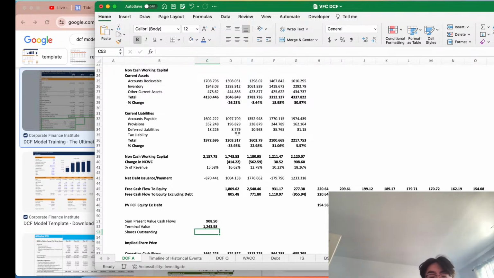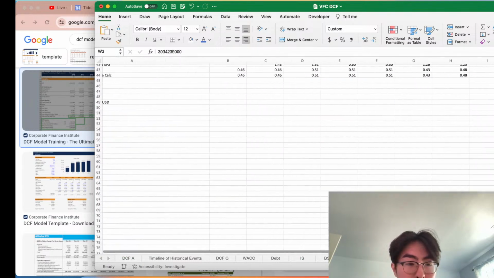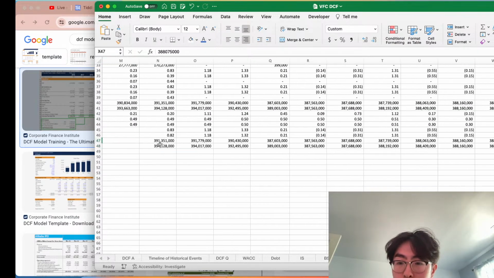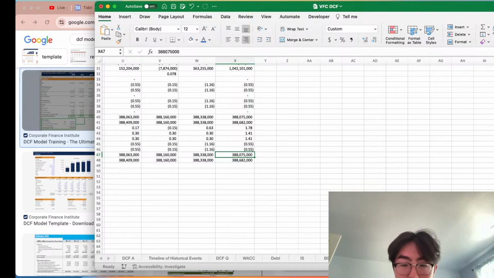Weighted average shares outstanding, I think actually can be found here. So, basic weighted average shares outstanding, around 388,000. 388.075.